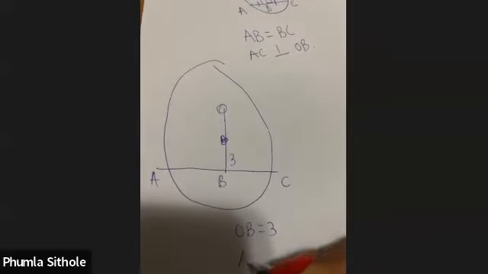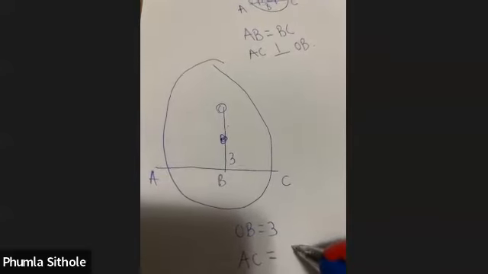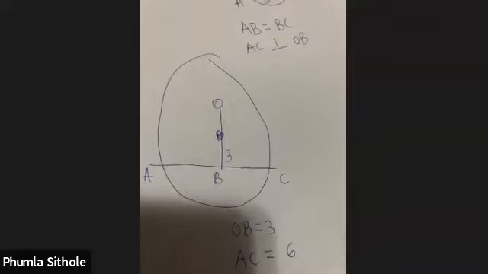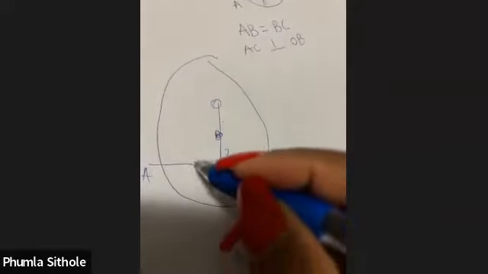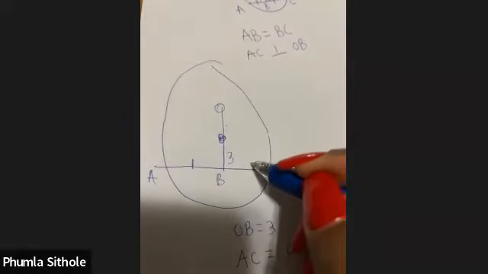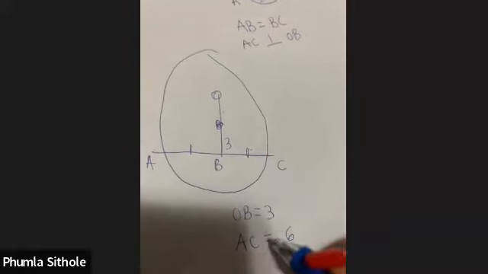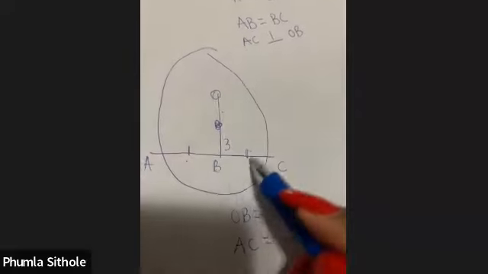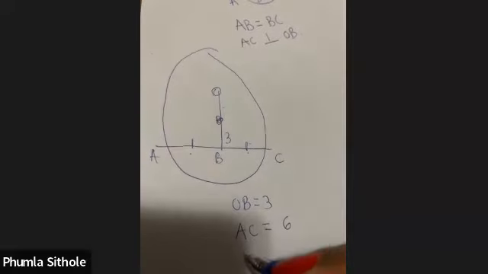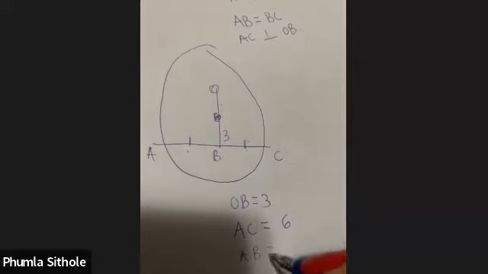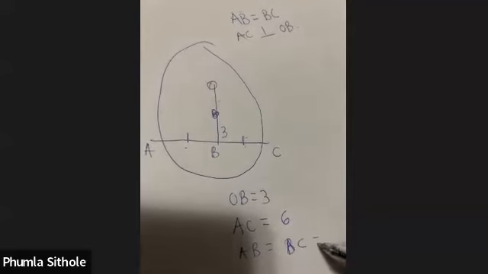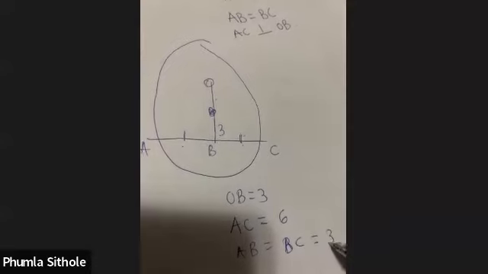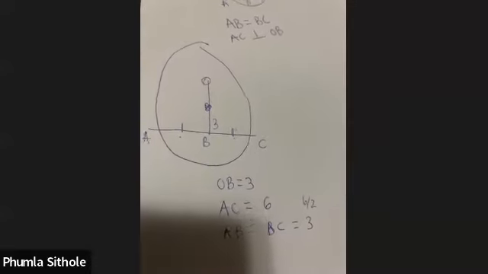Then they say maybe AC is 6. Okay, so what you need to note here is that you can find AB and BC. It's a matter of dividing AC by 2 because these two are the same. So AB is equal to BC is equal to 3. So it's 6 divided by 2, which is 3.